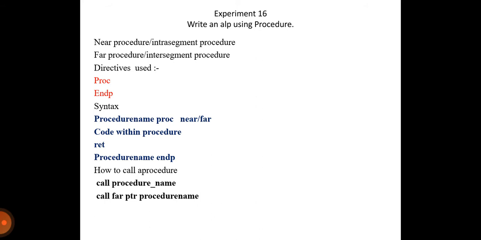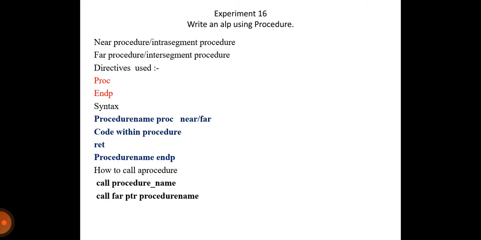So procedure means what? A group of instructions which are written for a specific task. If those instructions are written in one block and that block is represented as a procedure, then we can call that procedure multiple times, whenever we need it.